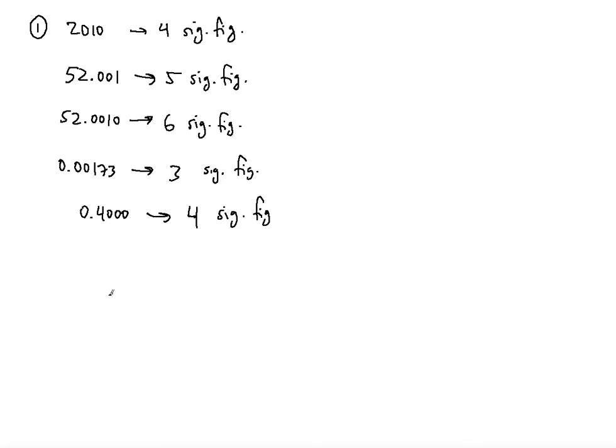There's an ambiguous example. If we take, for example, 1000, we don't know how many significant figures this is, because this can be expressed as 1.0 times 10 to the third, 1 times 10 to the third.